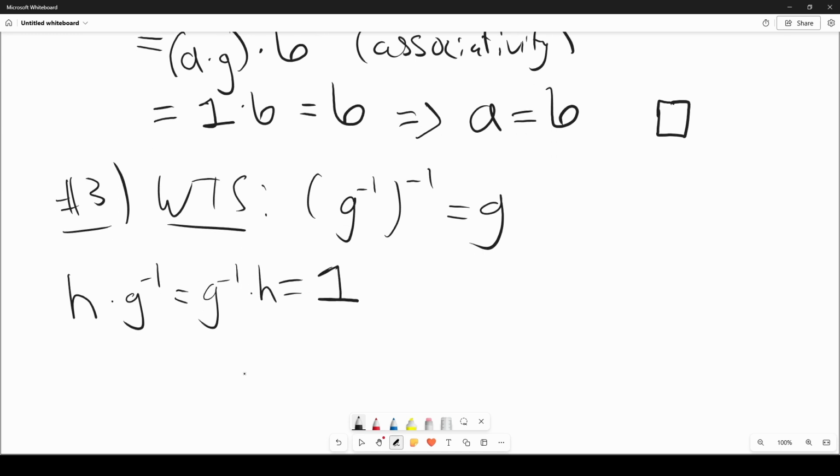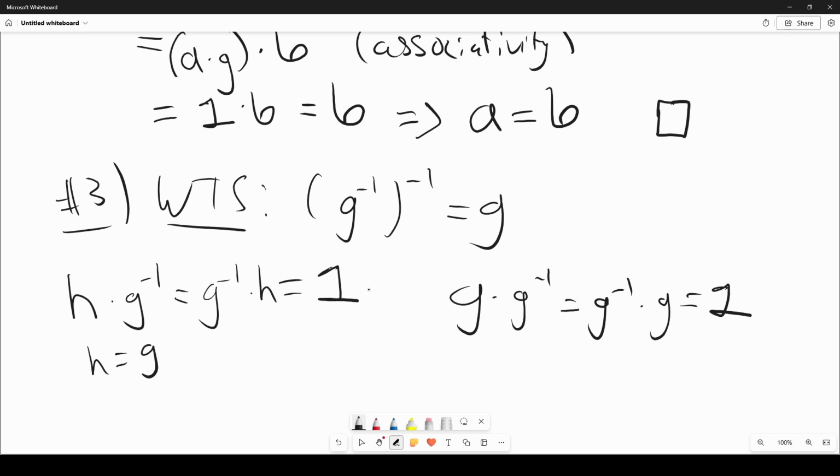But if you think about how G inverse is defined, it's defined as that element such that G times G inverse equals G inverse times G equals 1. So clearly, if I replace H with G here, I get this to be true, which means that G is the inverse of G inverse.